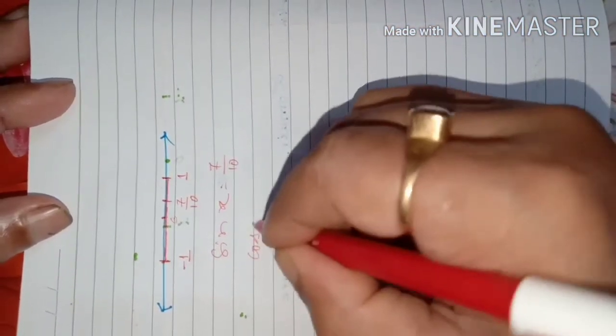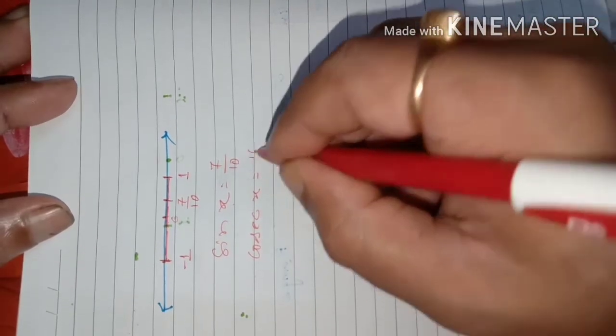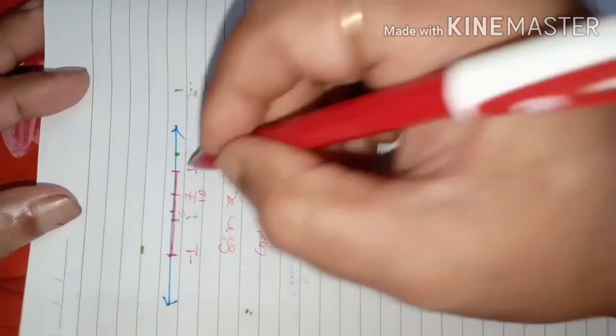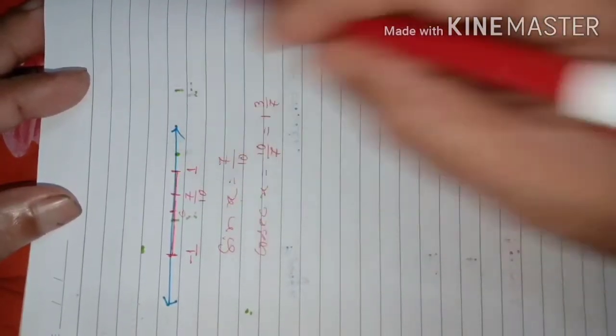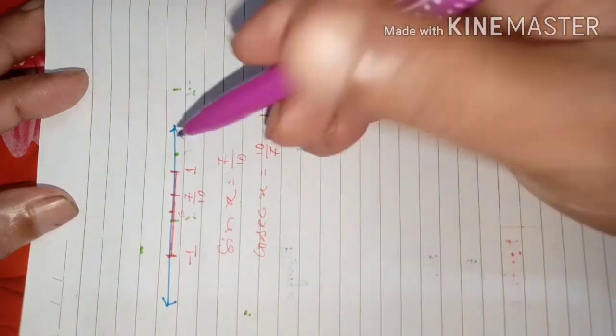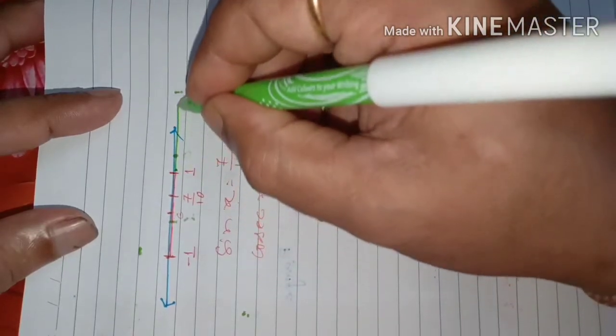When we say cosec of the same angle x, then it will be the reciprocal of 7 by 10, that is 10 by 7. And 10 by 7 is 1 and 3 by 7, which will be beyond 1, on the right hand side of 1. Are you understanding what I am saying? It will be in this portion.